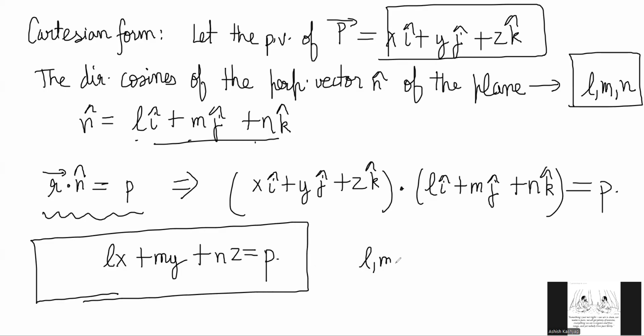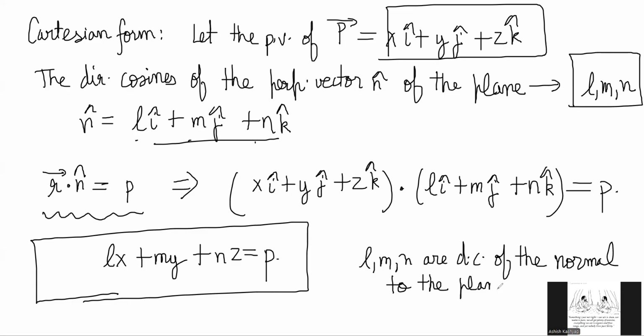Here L, M, N are direction cosines of the normal to the plane. And the length of the perpendicular from the origin to the plane is given by P, right? So that is something that you should know. This is an application of the dot product. That's why I'm mentioning it here, right?